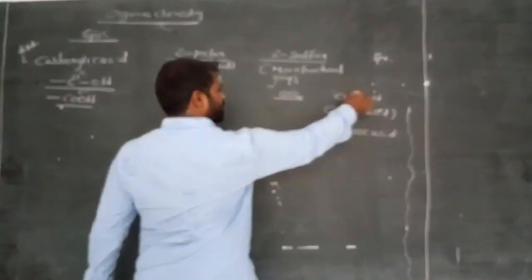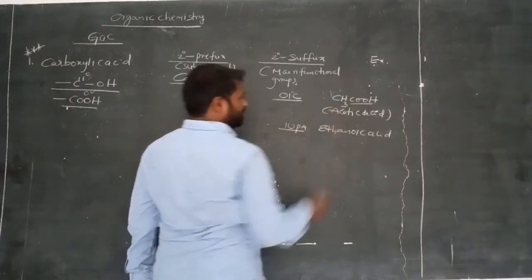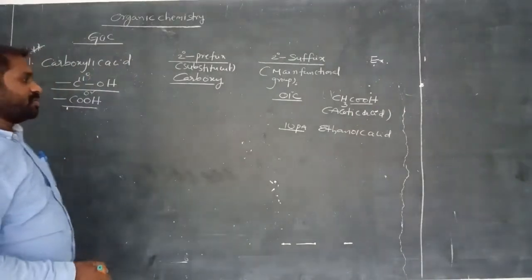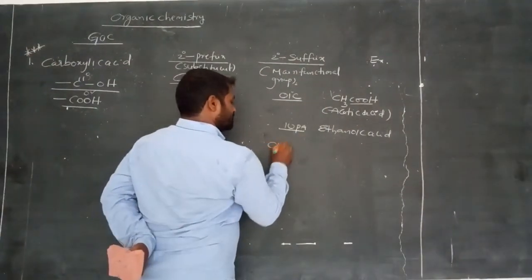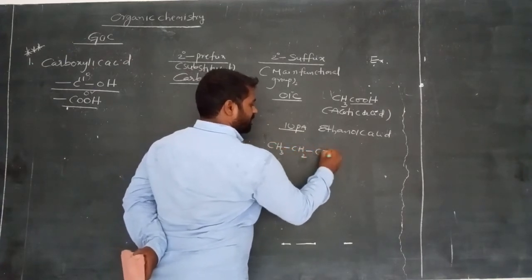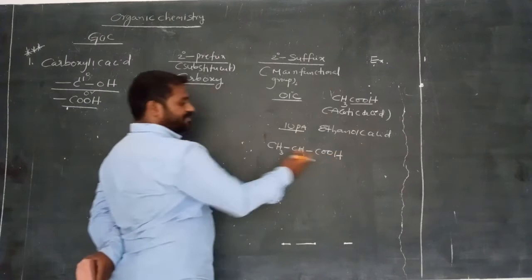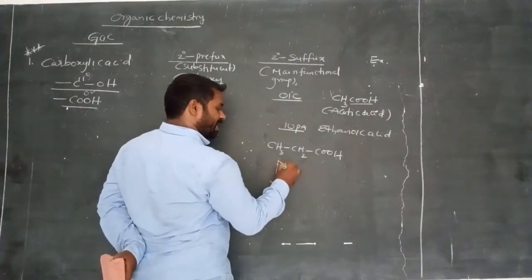Why? Because 2 carbons are present. This is the IUPAC name. This is the common name. Acetic acid means CH3COOH. Let us write one more example. CH3CH2COOH. How many carbons are present here? 3 carbons. So 3 means propanoic acid.